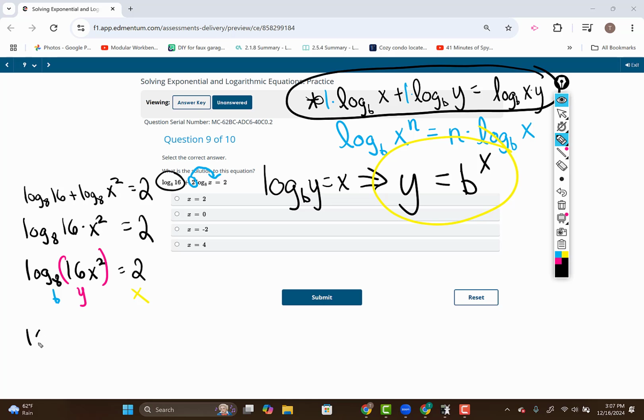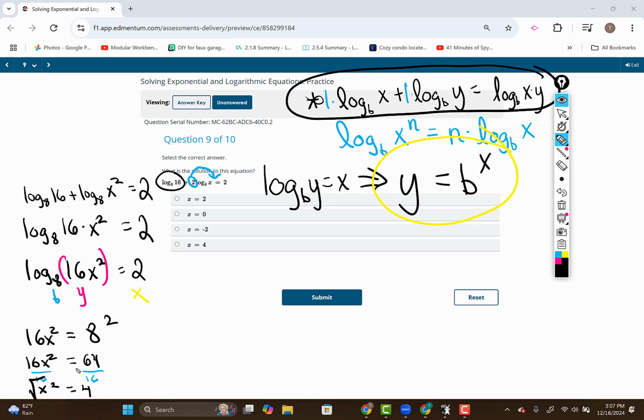So the y is 16x squared. The base is 8. The exponent is 2. 16x squared equals 64. 8 squared is 64. Divide both sides by 16. We're left with x squared equals 4.